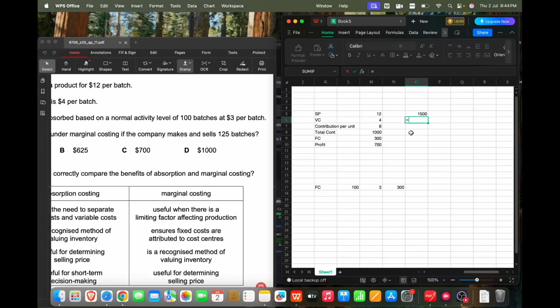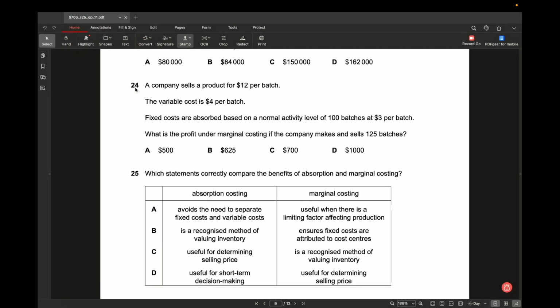Variable cost per batch is 4, and we are making 125 batches, so 500. Selling price minus variable cost will give you contribution, and that is 1000 again. And from that 1000, if you subtract 300 fixed cost, then 700 is our profit. So for this question number 24, your correct answer is C, 700.